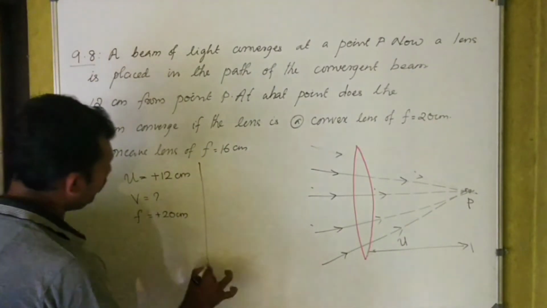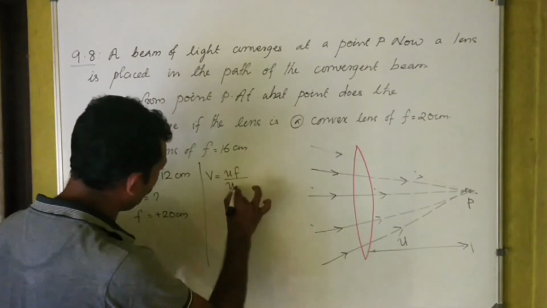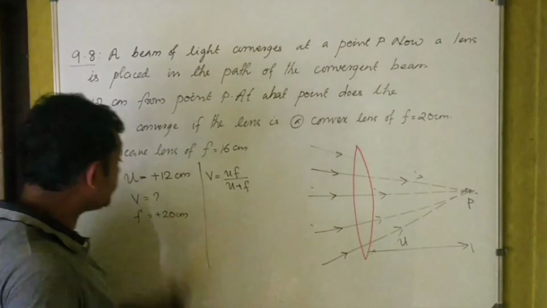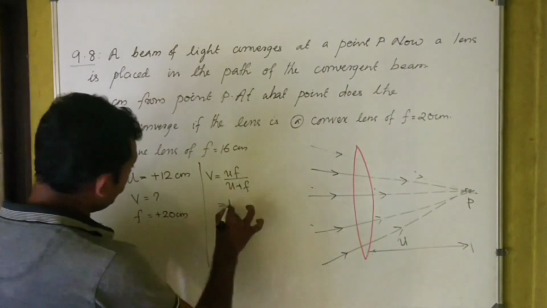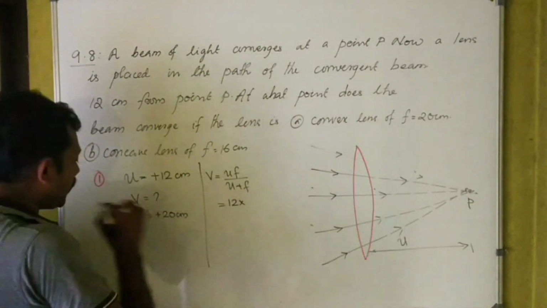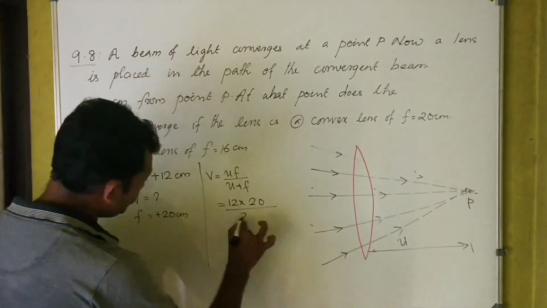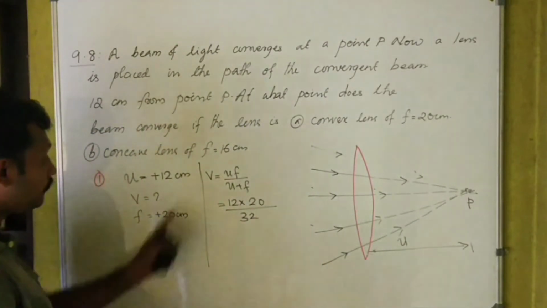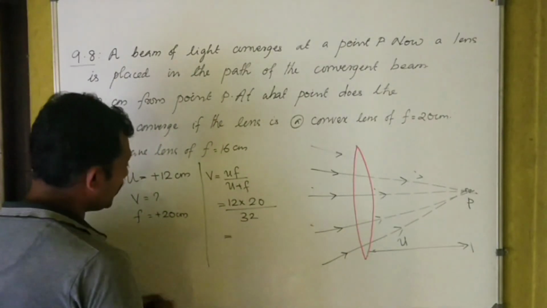We have the formula for V for a lens as UF divided by U plus F. Let's substitute these values. U is equal to 12, 12 into focal length 20 divided by 32. So what is 12 into 20 divided by 32?